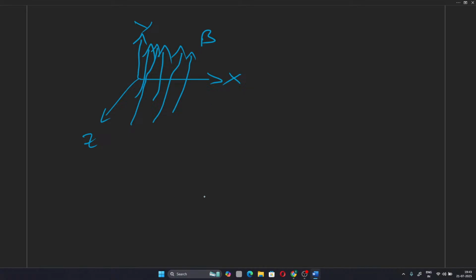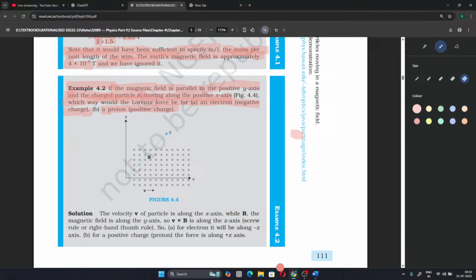If that was the case, in case of the z axis, where a magnetic field is like this, what will be the direction of the force on an electron and a proton?